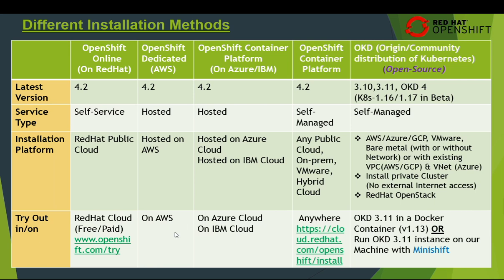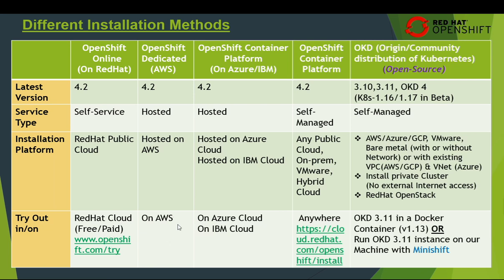Then how, or from where, can we try these installations, right? So for OpenShift Online, I have written this link, www.openshift.com/try, where we can have a free version as well as a paid version, right? The free version is available for 60 days, and I will show you that on this link page and give more detail.